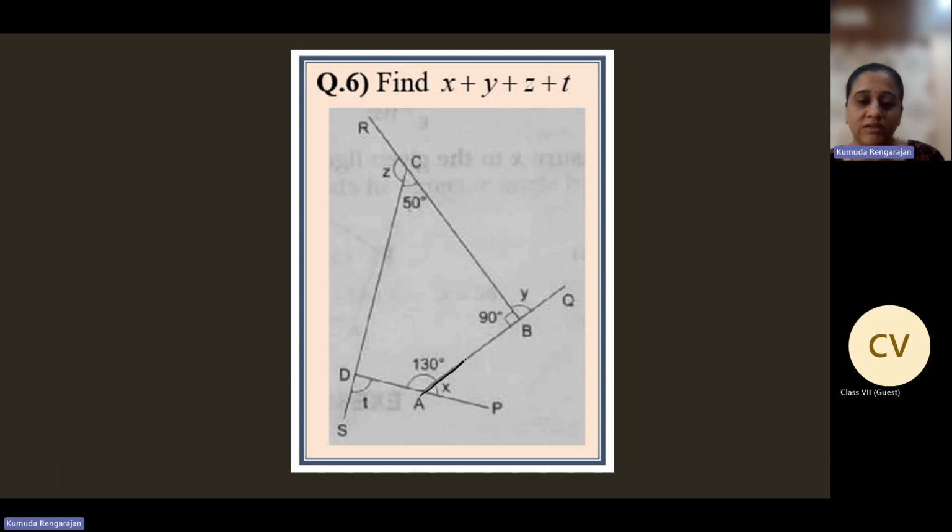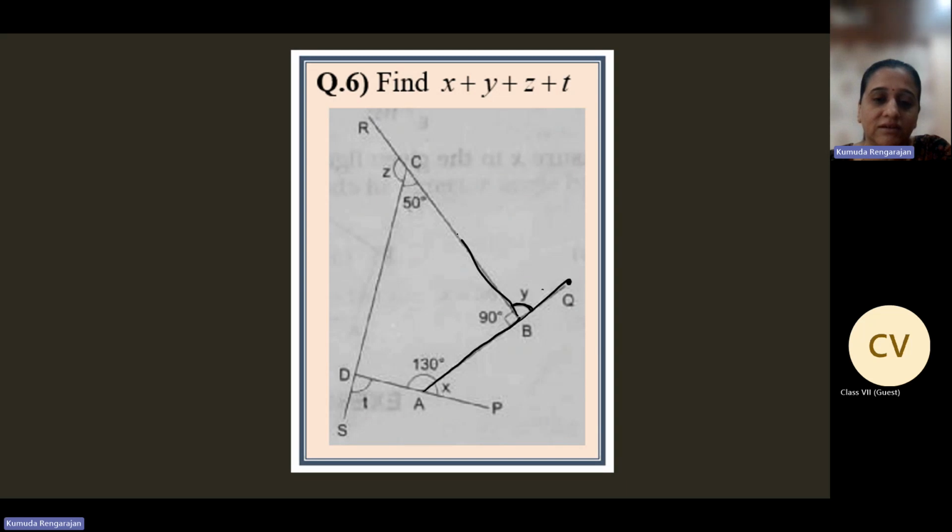You cannot go like this. This is AB, right? You can't go like this and say I've produced it. No. Producing is continuing it in the same straight line. So AB, side of the quadrilateral, is produced to this point Q. And since the side is produced, an exterior angle is formed, which is called Y here.